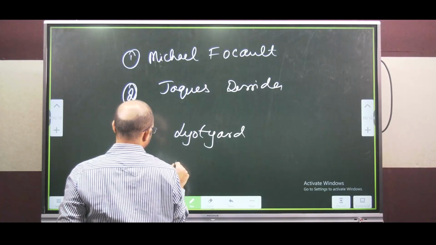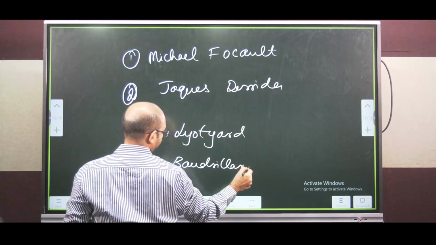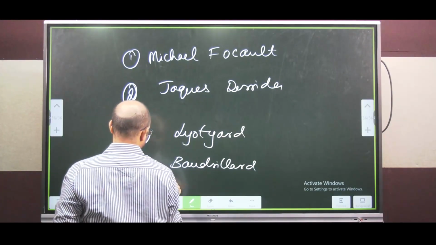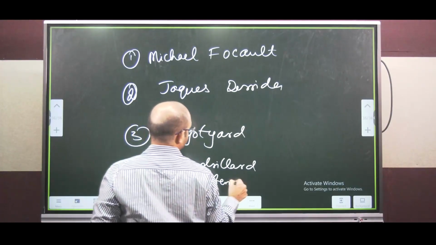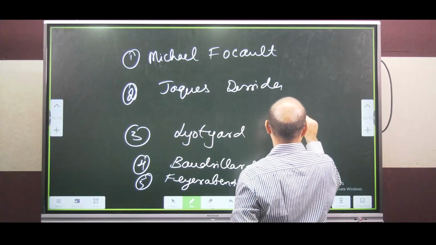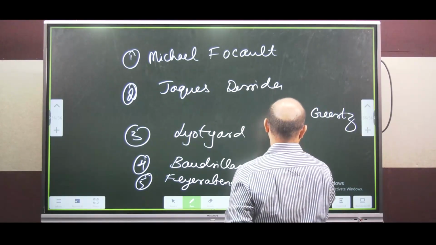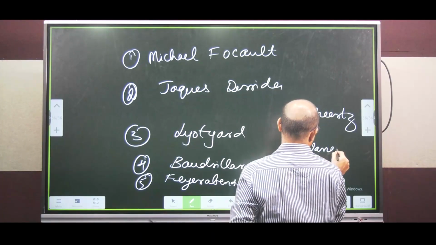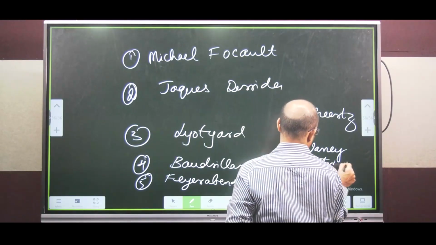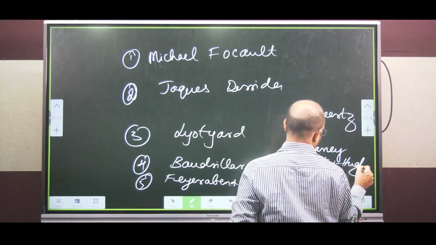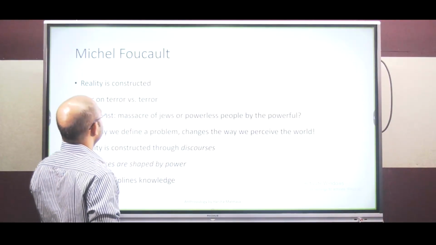You can also include Baudrillard, if you have the space. Then Feyerabend. Even Clifford Geertz is an example, because towards the end even he became postmodernist. There are others like Nancy Scheper-Hughes, and so on. I've captured here the ideas of Michel Foucault.